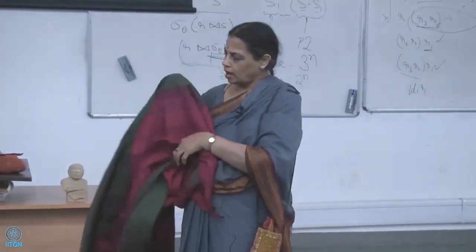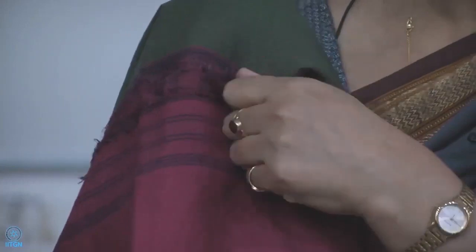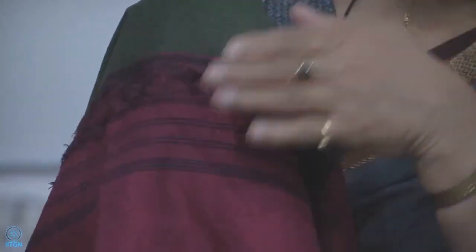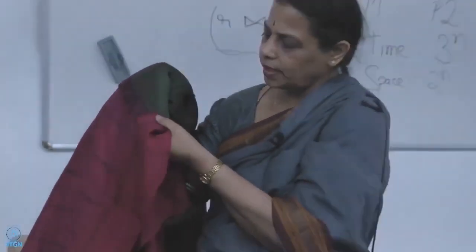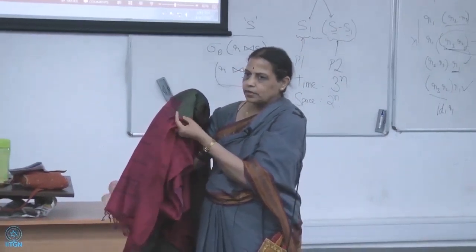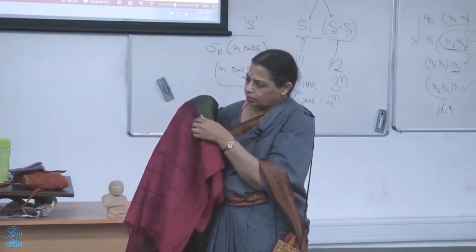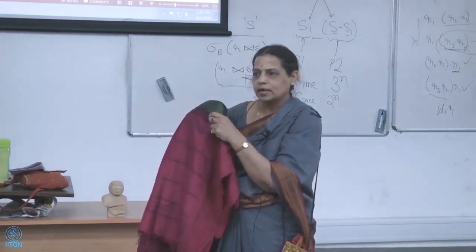So you can see how you have threads here. That is a sign that this is a true Kanchi, woven with three shuttles, where the body is attached to the border. If you touch it and feel, you can see that there are small holes, small gaps, which means that the border is attached separately, and when the pallu is attached, these threads are at the back.